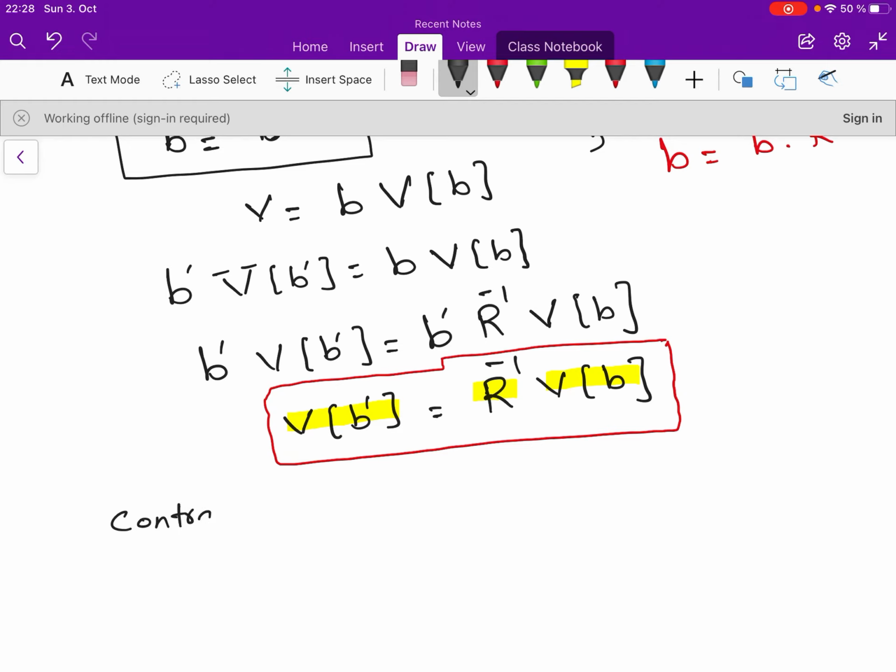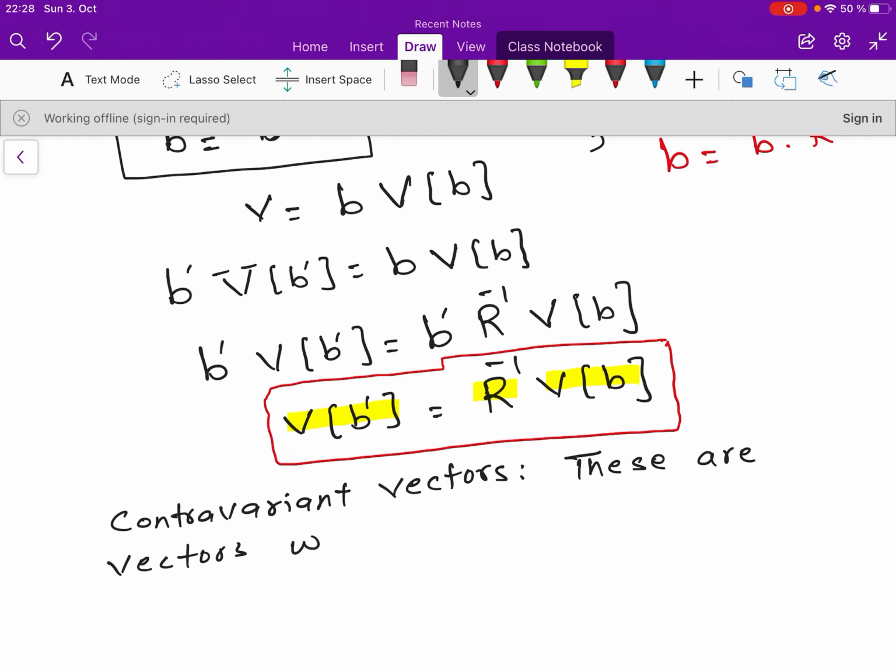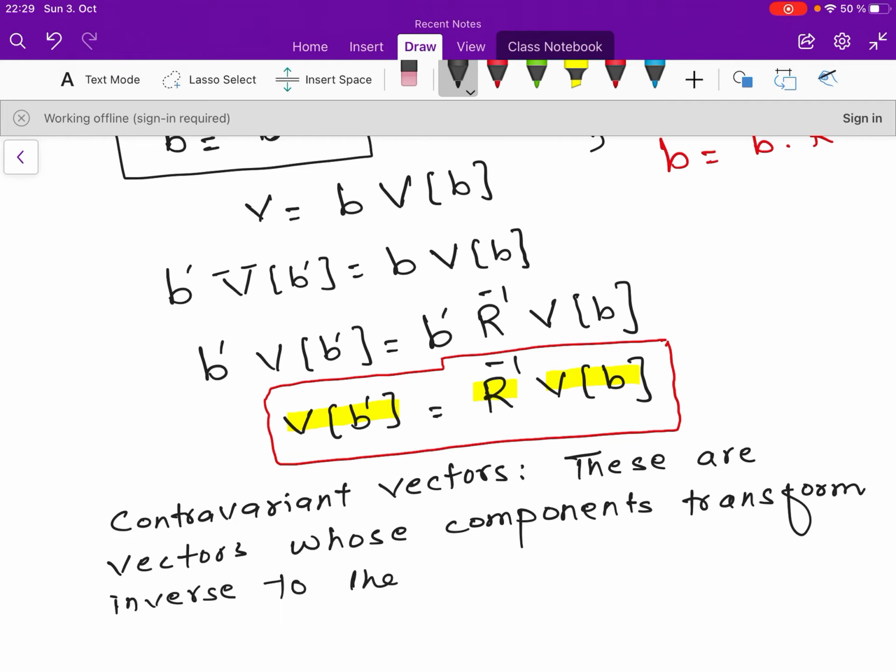Contravariant vectors are vectors whose components transform inverse to the change of basis matrix.